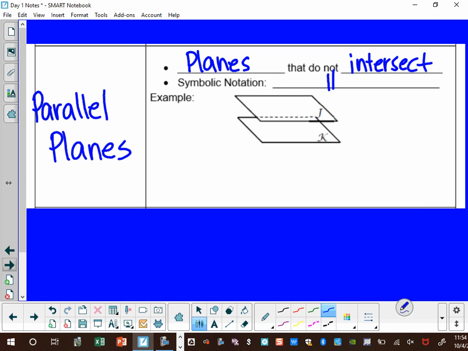Good. Alright, so Brian, if you look at this figure, plane J is parallel to what? Plane K. The more we get into these units, we're going to just be using a lot of symbols instead of words, where your vocab really comes into play. Are we gonna have another cheat sheet? Yes, we're going to get to that.